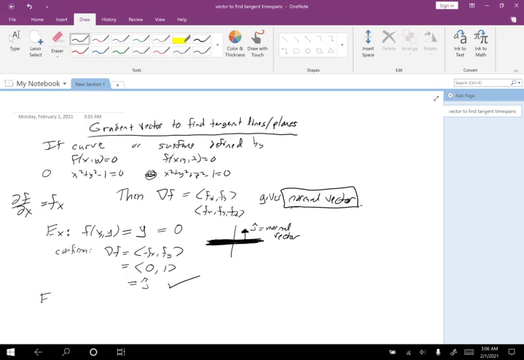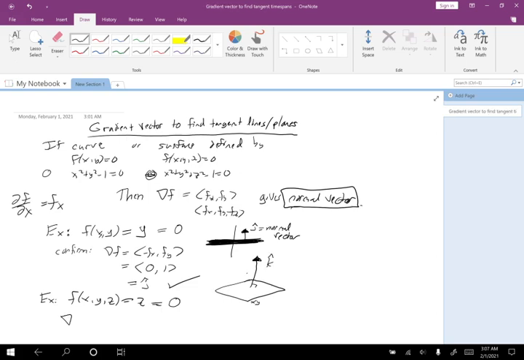Let me just belabor this point in the 3D case. f of x, y, z equals z. If we take the level surface z equals 0, then the normal vector should simply point away from the xy plane, and it should just be k.